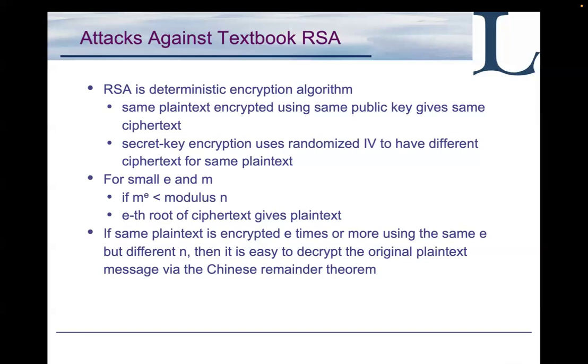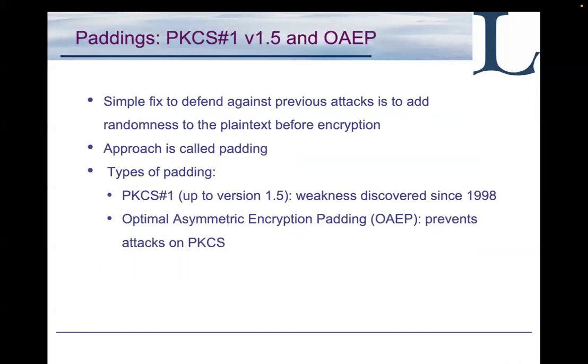In order to avoid this type of attack, people introduce padding. So they are smart people. If you want to encrypt a small number, you make it big by introducing padding, some random numbers. And that's what this PKCS stuff stands for.